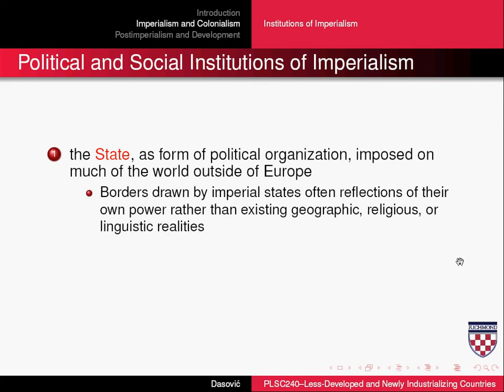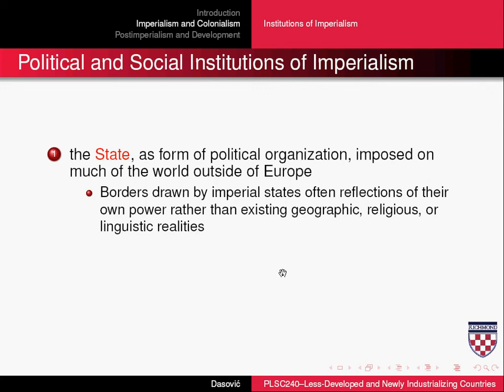Now, what's interesting is that the borders that were drawn by these imperial states often reflected the relative powers of the imperial powers, such as France, Great Britain, etc., rather than existing geographic, religious, or even linguistic realities.